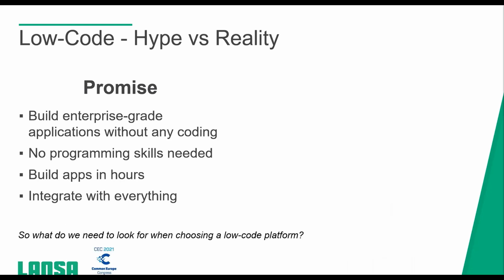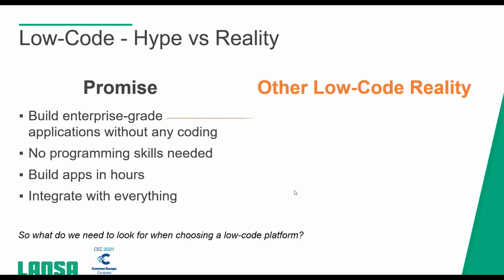So let's take a look at the promise versus the reality. The first promise: building an enterprise grade application without code. This is true until you need to deliver functionality that doesn't exist. What do you do then? Will you either go back to the supplier and ask them to provide that functionality?